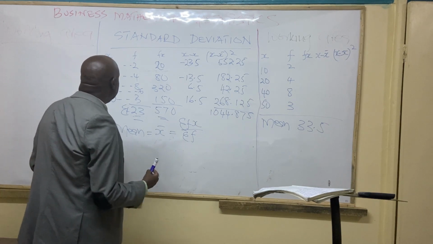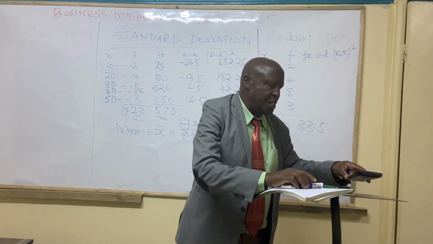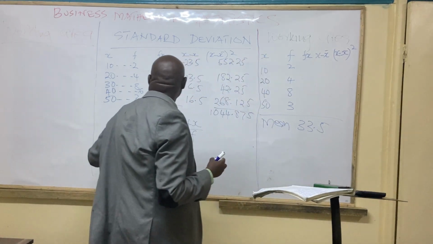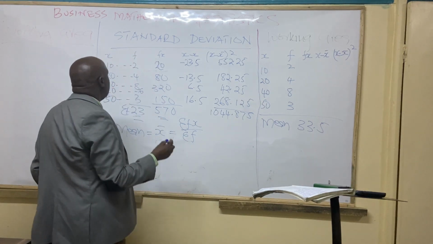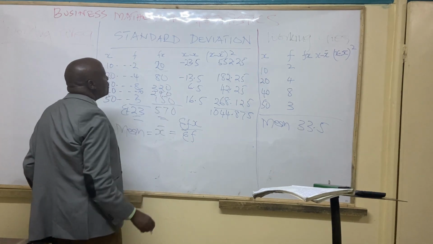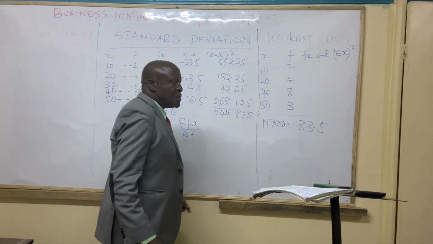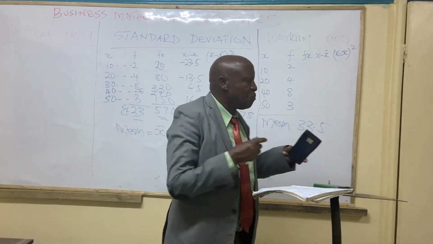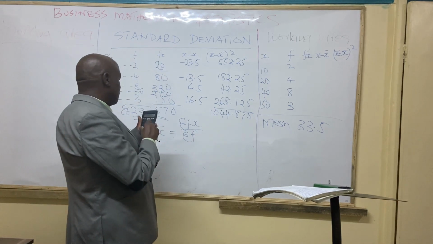So we say 40 times 6, it will be 240. So we'll get 240 here. 570 plus 240.